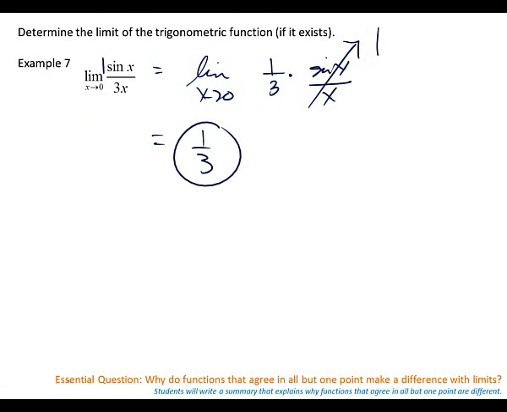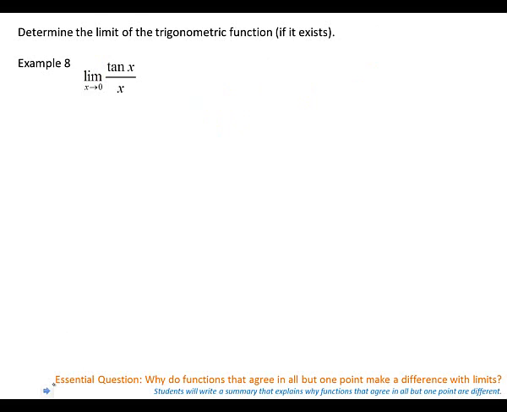Okay, let's take a look at example 8. All right, I don't have sine x over x, right? But I could try to create it, all right? So I'm going to rewrite it a little bit. I've got the limit as x approaches 0. I'm going to leave the 1 over x off to the right side.